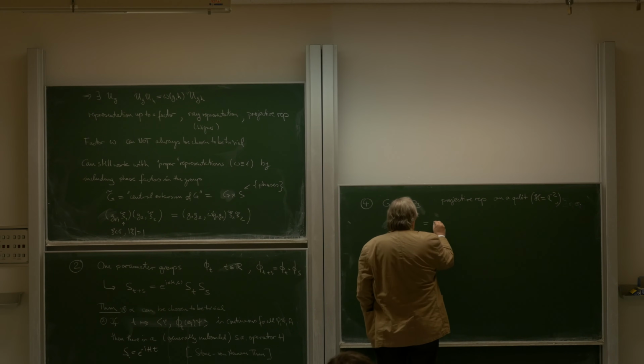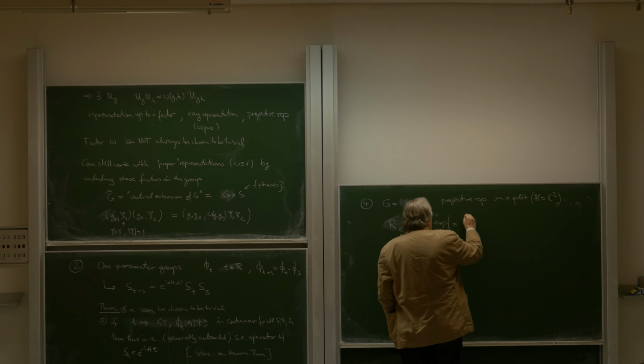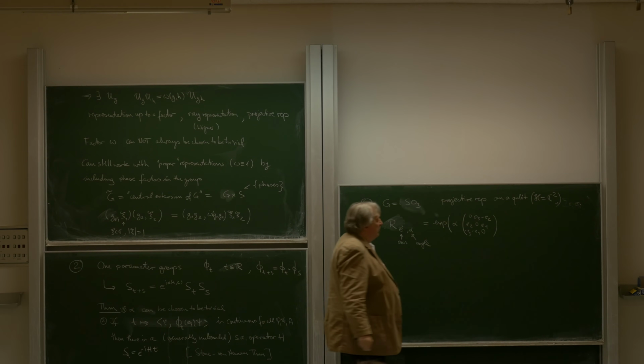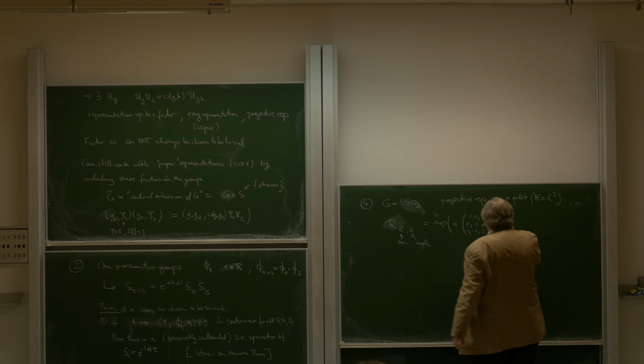You could write it as the matrix exponential of alpha times an antisymmetric matrix, which would have entries like E3, minus E2, E1, minus E1, E2, minus E3, something like that. So you build an antisymmetric matrix out of that, and this gives you a general rotation.